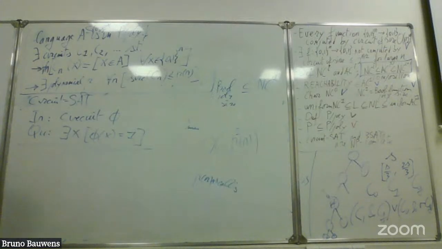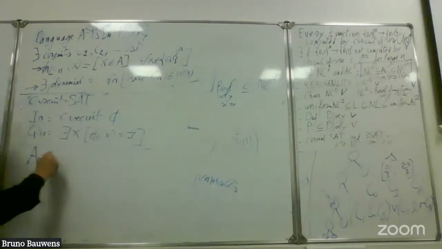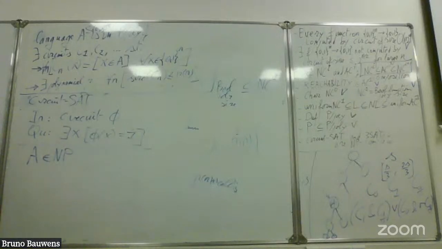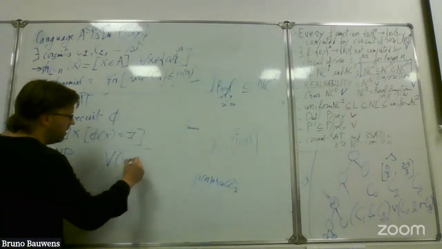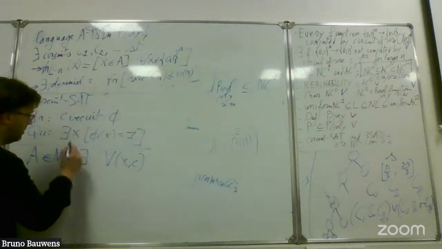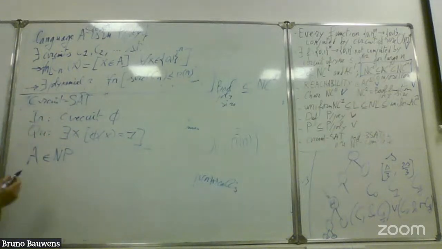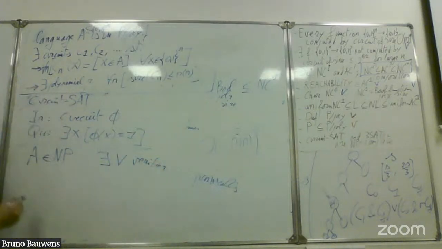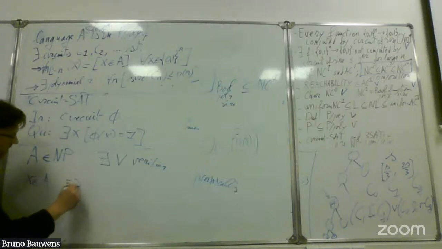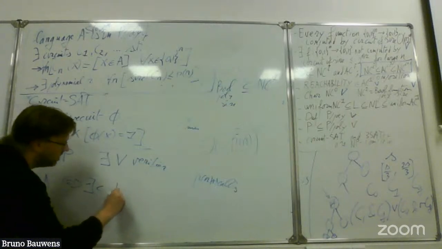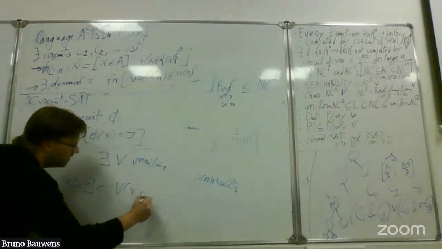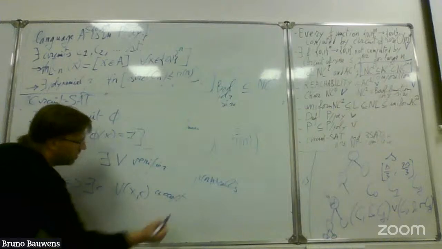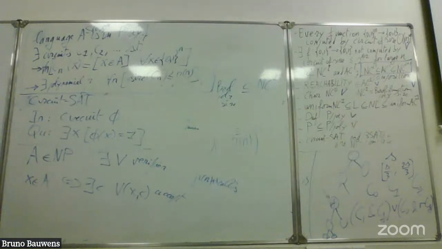So what will be the reduction? We start with a problem A that is in NP. By the certifier definition, there exists a verifier V, a polynomial-time machine, and x is in A if and only if there exists a C that makes verifier V(x, C) accept.